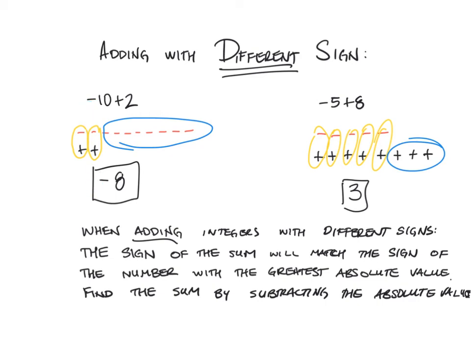And then once we get our sign, then we just find the sum by subtracting the absolute values. So I know here, the absolute value of 10 is 10, and the absolute value of 2 is 2, and I just subtract those. 10 minus 2 is 8. And so that's how I get this 8 right there. I get the sign from here, and I get the 8 from just subtracting the absolute values of those, okay?